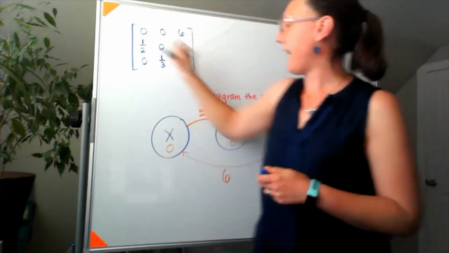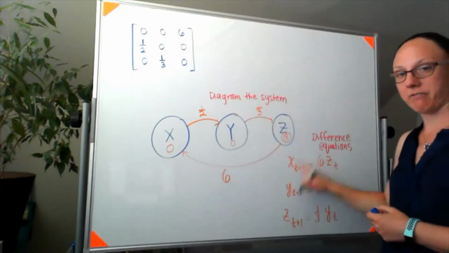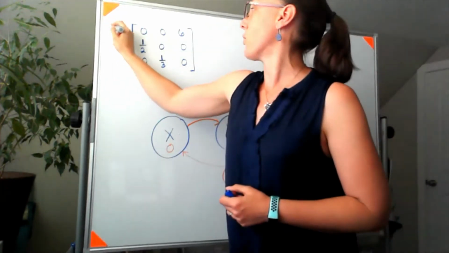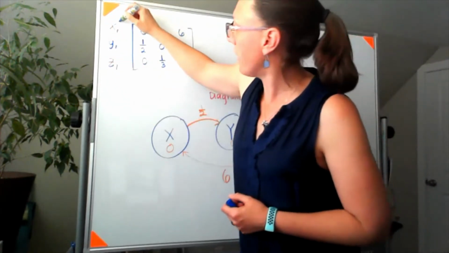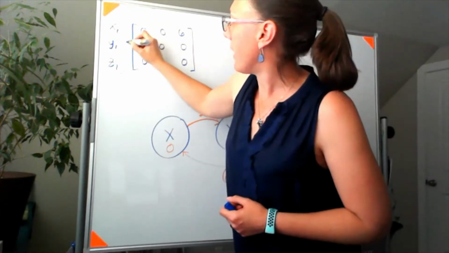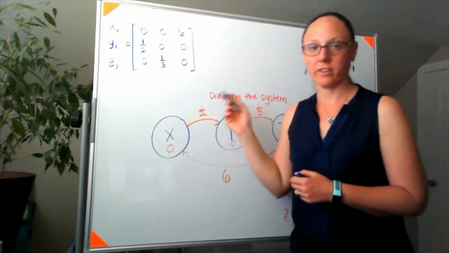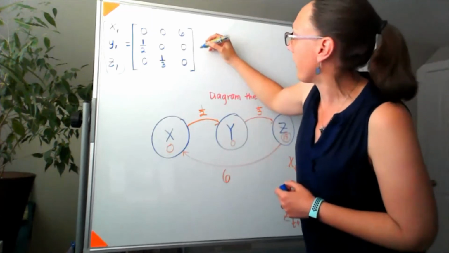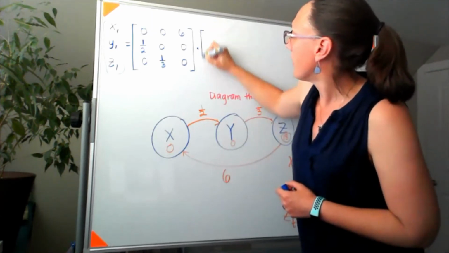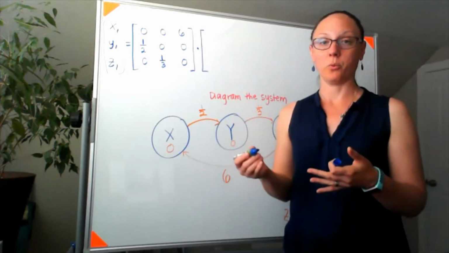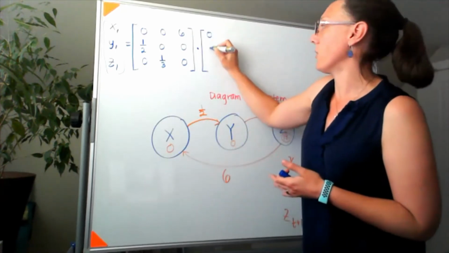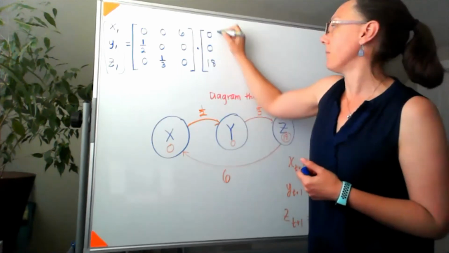And to get this population after 1 month, so x sub 1, y sub 1, z sub 1, I'm going to get that by taking our Leslie matrix and multiplying it by the population distribution we have right now, 0, 0, 18.